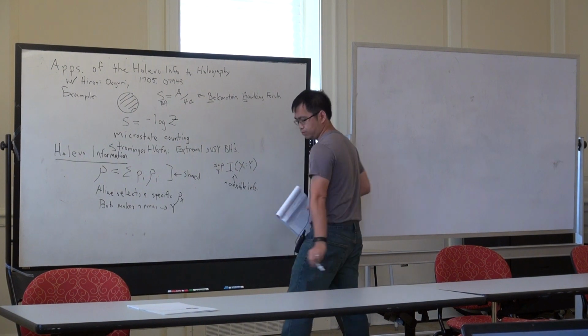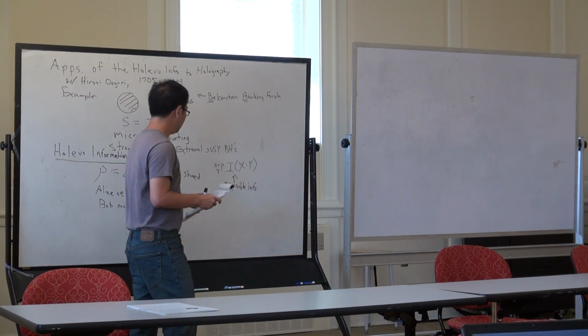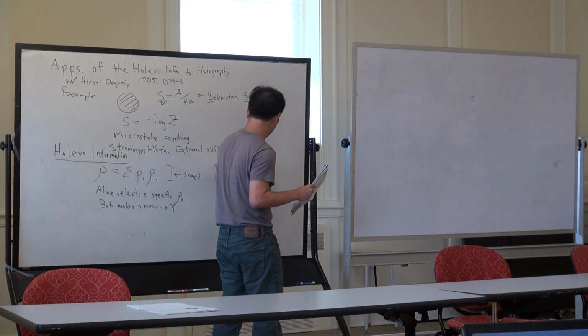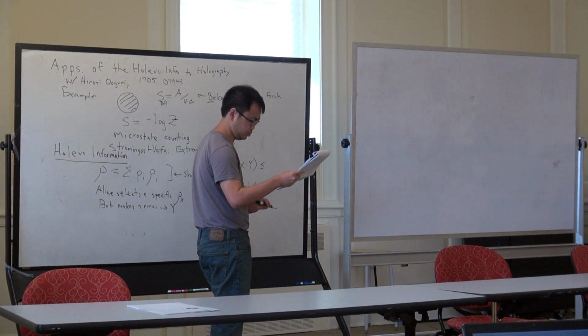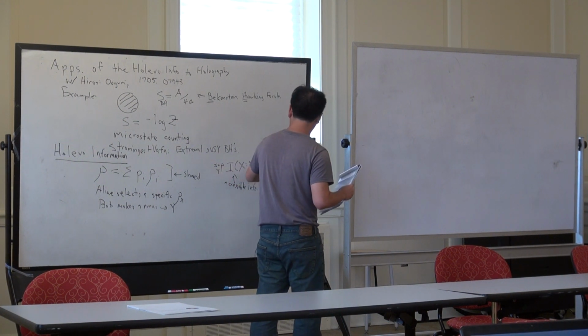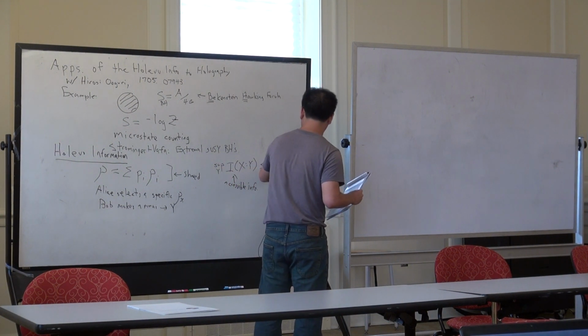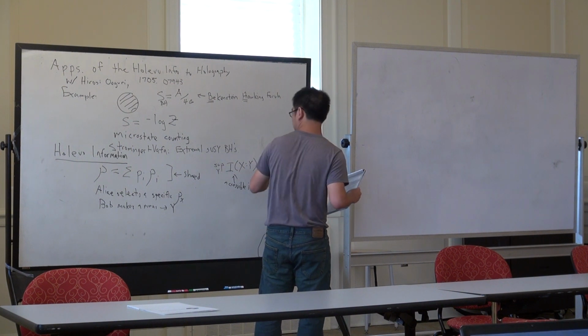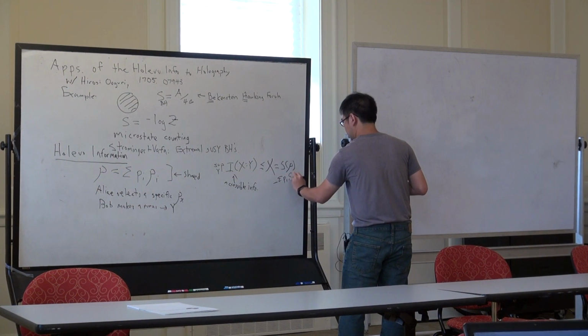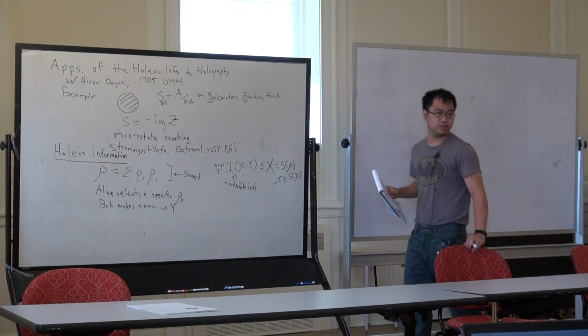So this is called the accessible information, and it was proven by Alexander Holevo that this is always less than or equal to the Holevo information, which is called chi, which is defined as the entanglement entropy of the full rho, minus the weighted average of the entanglement entropies of the rho i.